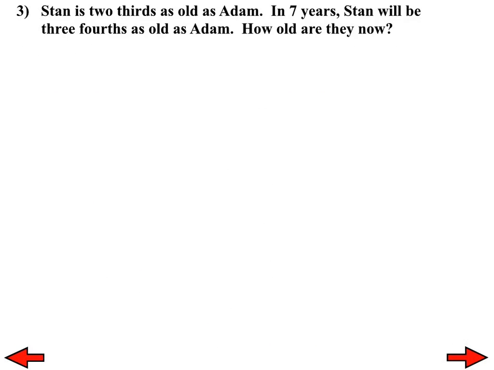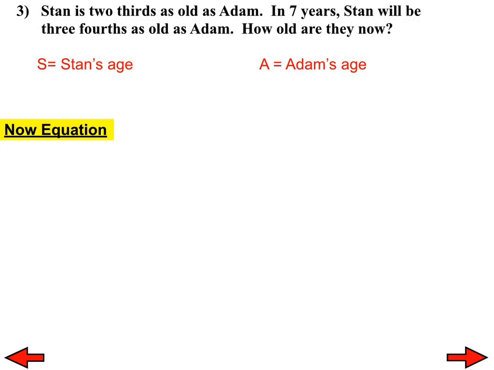Number 3 states that Stan is 2/3 as old as Adam. Now, reality is, other than the fraction portion, this problem is just like number 1 and number 2. Anybody have any idea what the now equation should look like then?